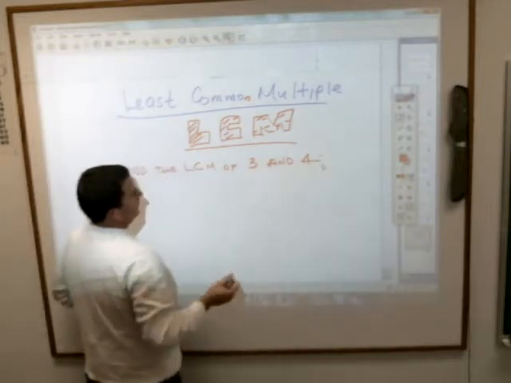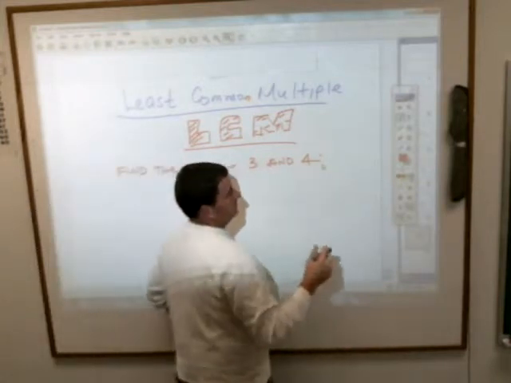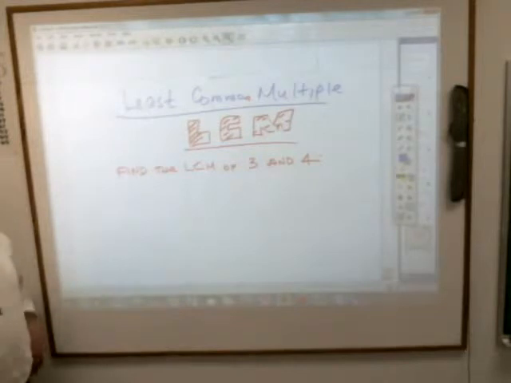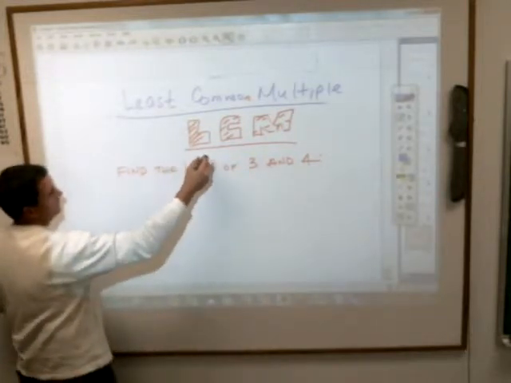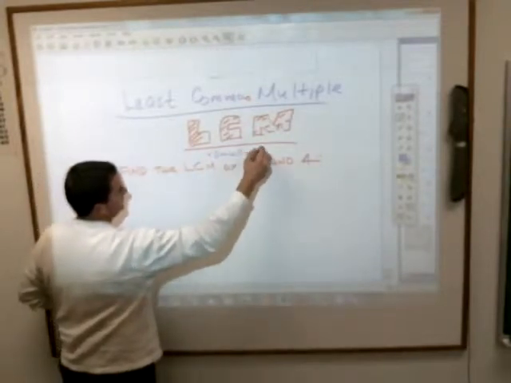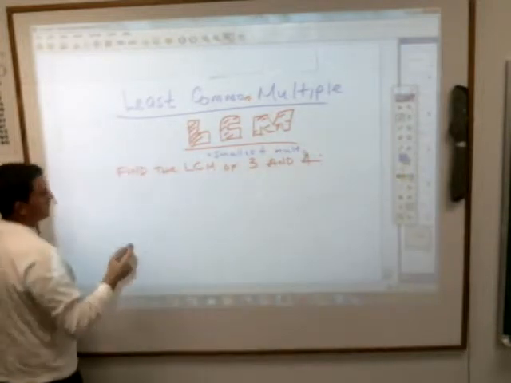Now, the first thing to realize is that there are bazillions and bazillions of common multiples that they have in common, but there's only one that's the smallest common multiple. Smallest multiple they have in common.